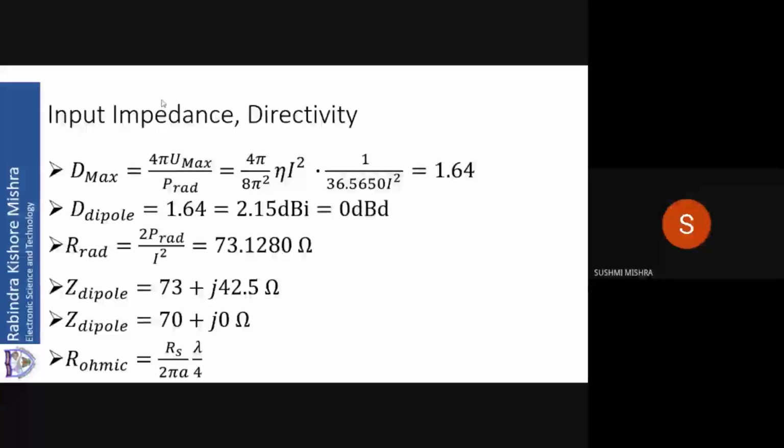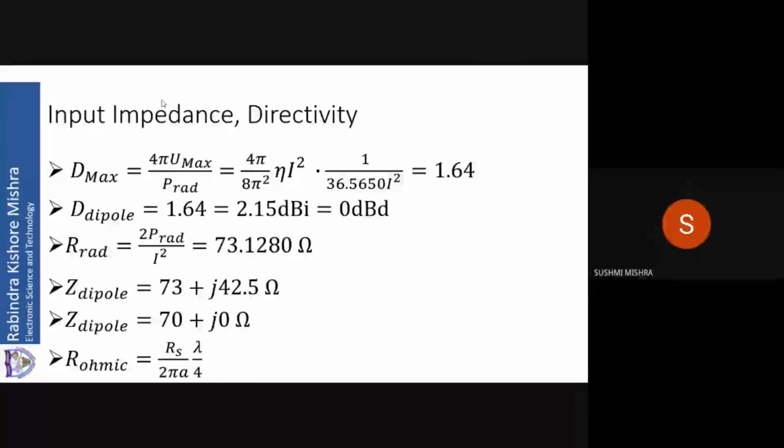Along the length you have L, and in the perimeter in the azimuth you have 2 pi A extension. That into lambda by 4. Lambda is equal to C by F. That you know. If F is equal to 0, which is DC, then R ohmic will vanish. There will be no R ohmic. Otherwise, so long as there is AC, there will be R ohmic.